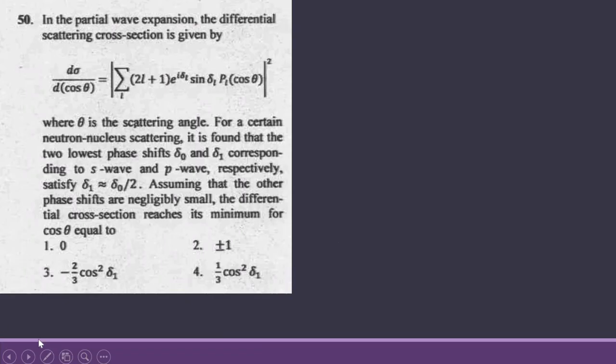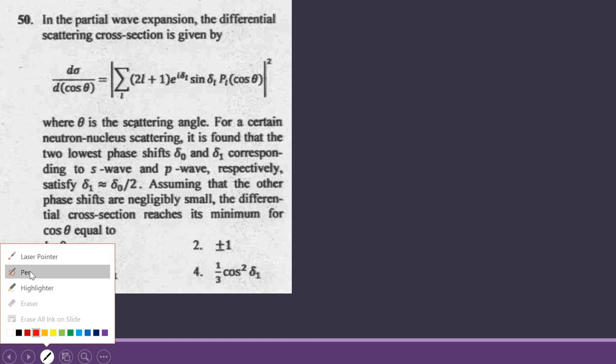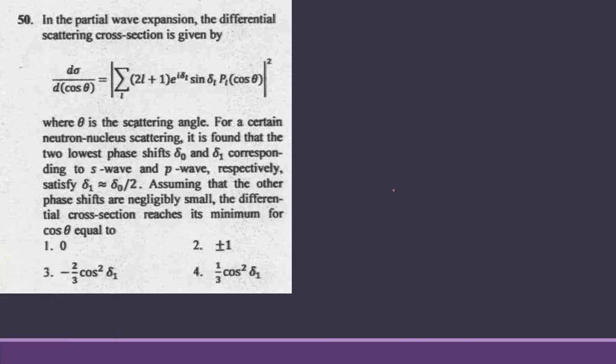So the first question is from the differential scattering cross-section portion. The differential scattering cross-section formula is given to you in this question, and what else is given? That theta is the scattering angle.